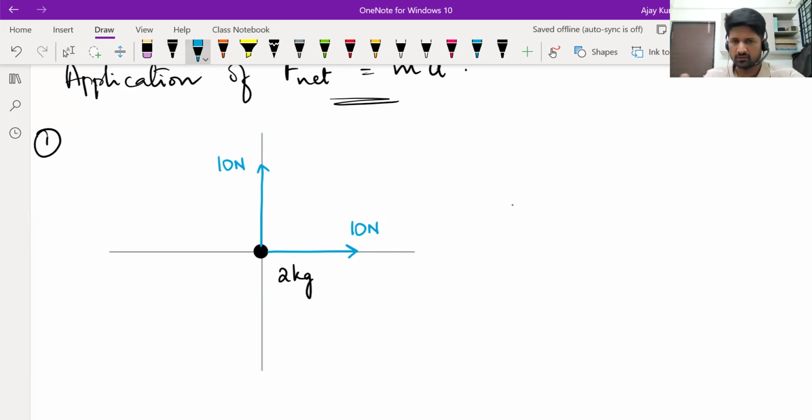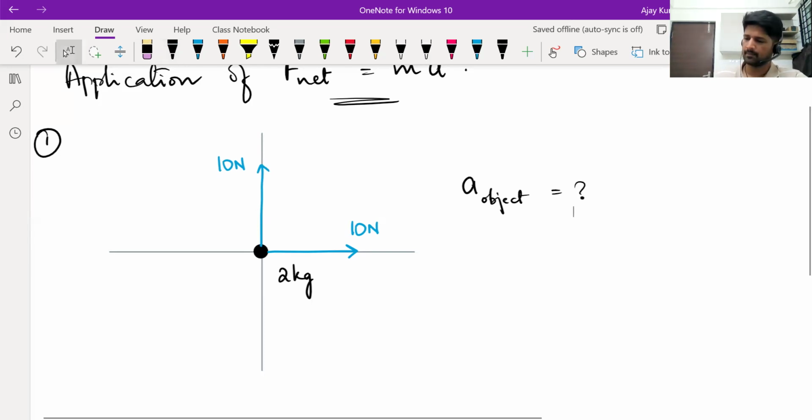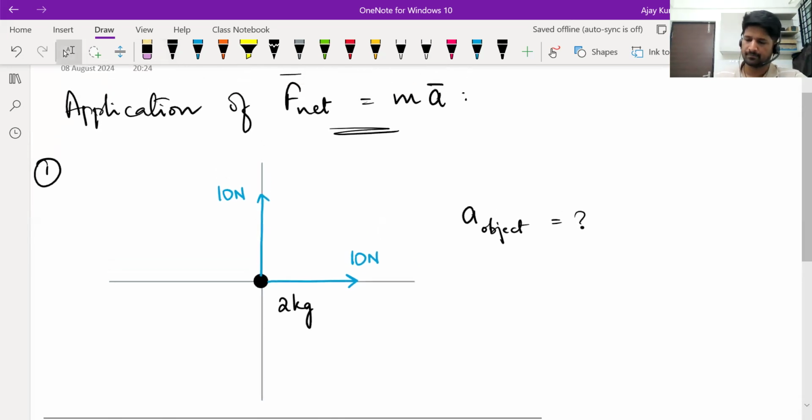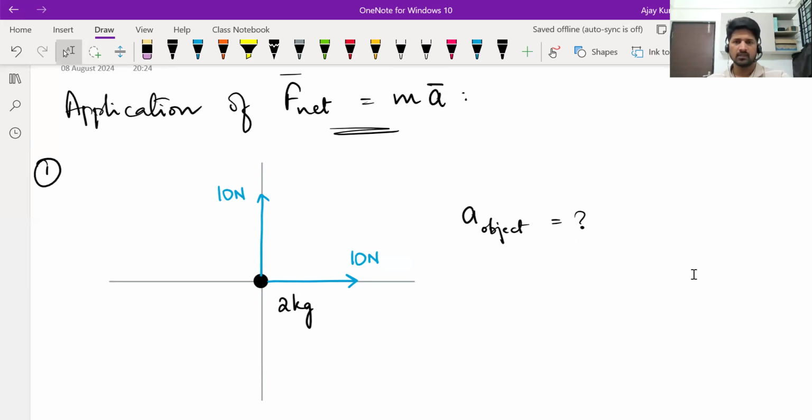So there are two forces and you know the mass of the object. Derive the acceleration of the object. Clearly the formula to be used is F net is equal to ma.